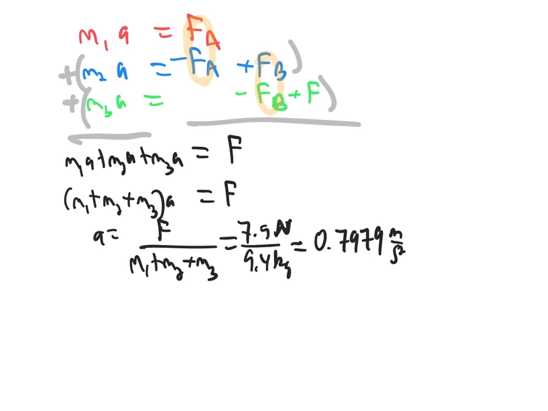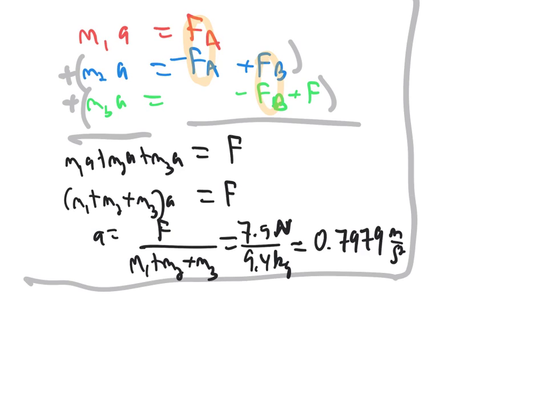What we really care about is FA and FB, and we can get them by going back to these equations and using any one of them, really, for each thing that we want. So we'll take the first equation, which is in red, and we'll say, well, FA, the thing I want, is M1A.